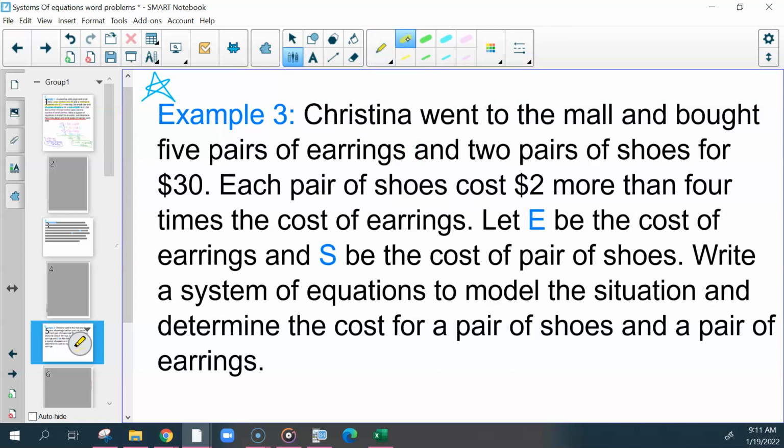What did we find was important in this? $2.30. Okay. So the 2 pairs were $30.